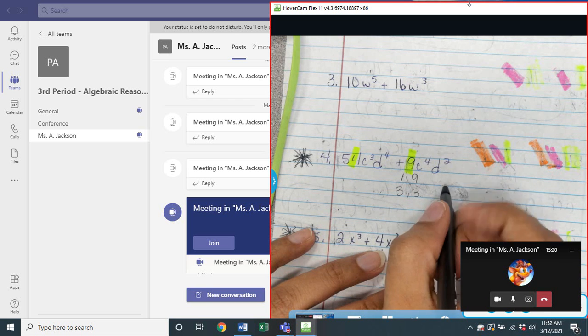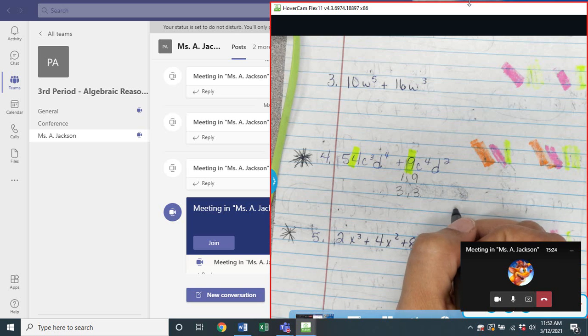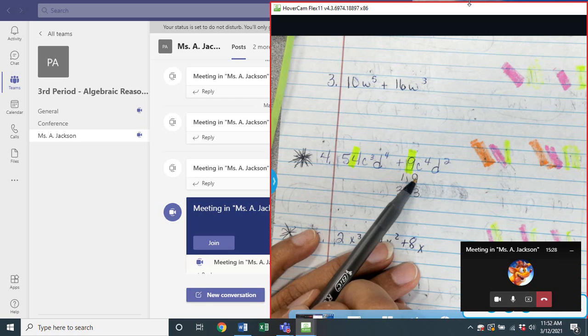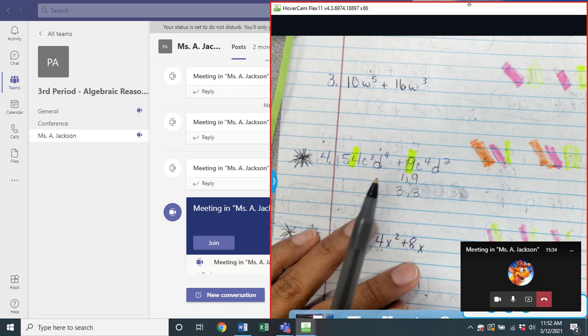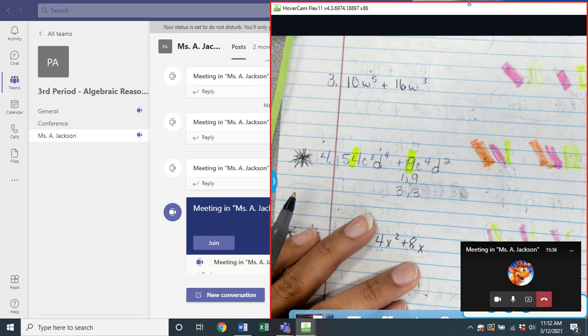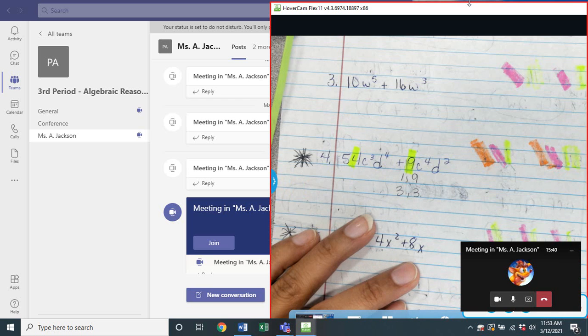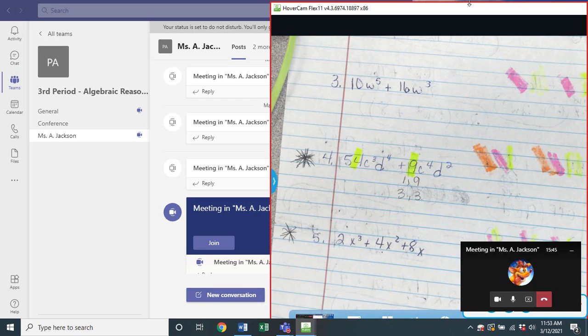So now to find the greatest common factor, which one of these would be the best one for me to choose? Which one will be the greatest one? So how many times will 9 go in 54 evenly? You can put it in your calculator.